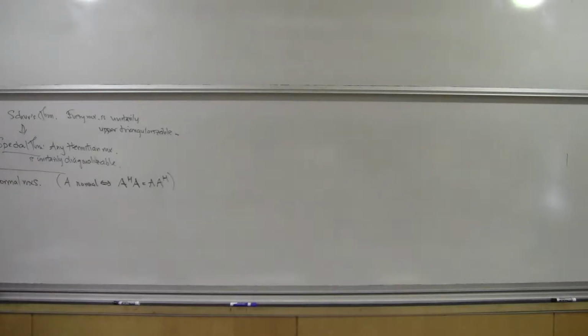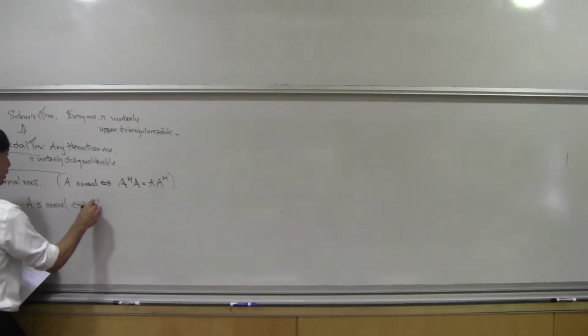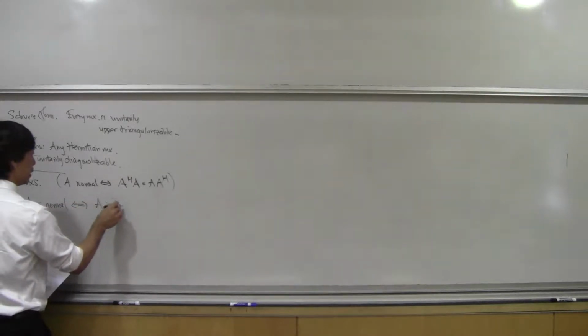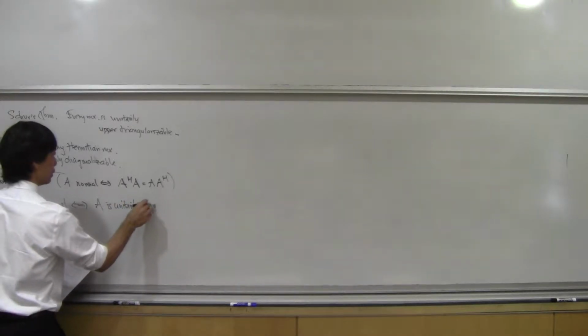We said that we're going to prove a theorem that says A is normal if and only if A is unitarily diagonalizable.